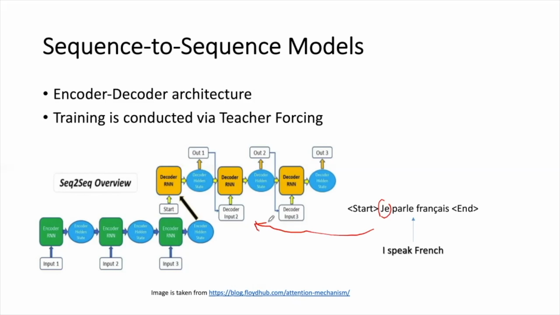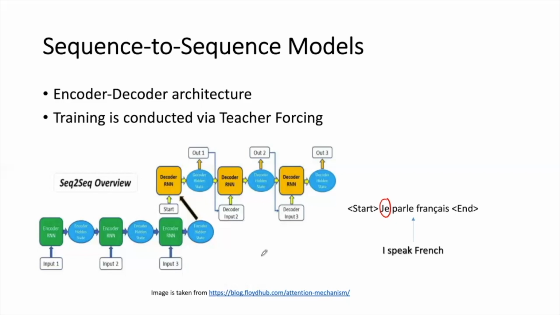So instead of passing what has been generated here, we can also take the word from the reference sentence. That is what happens during training. During training, this helps us do a faster training for the decoder. That's the benefit of it.